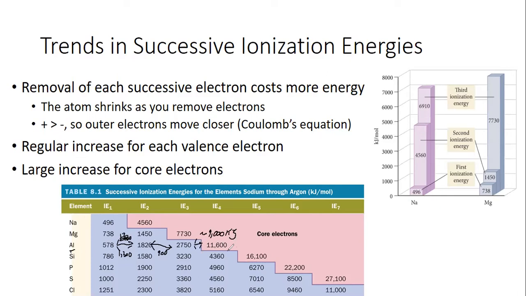Removing core electrons takes a lot of energy. So when you're looking at successive ionization energies, once you hit the core electrons, it takes a lot more energy to remove those than it takes to remove the valence electrons. And that's what that chart is showing you down there.